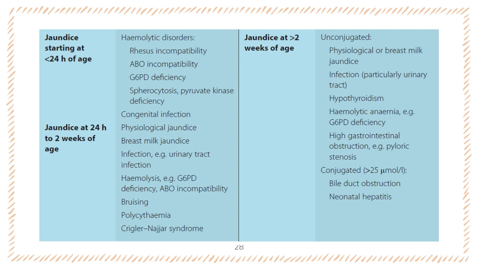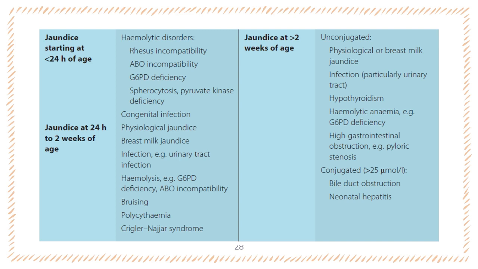And of course, jaundice beyond 2 weeks of age is another story. Here it will come under the category of prolonged jaundice. You can remember the H's for prolonged jaundice: hypothyroidism, hemolytic anemia, and high gastrointestinal tract obstruction like pyloric stenosis. And then you can, of course, always add on infection or physiological and breast milk jaundice.